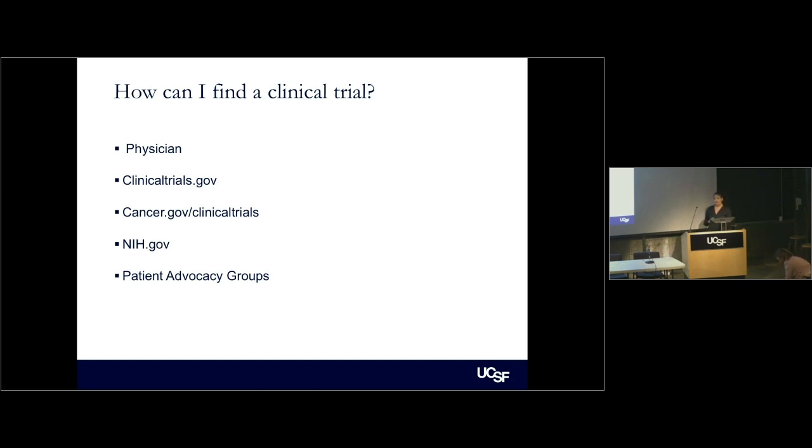We've got our National Cancer Institute website, cancer.gov/clinical-trials. And then our umbrella governmental funding agency, the National Institutes of Health, at nih.gov. And then of course, patient advocacy groups like AIM at Melanoma. You can find information for clinical trials there.